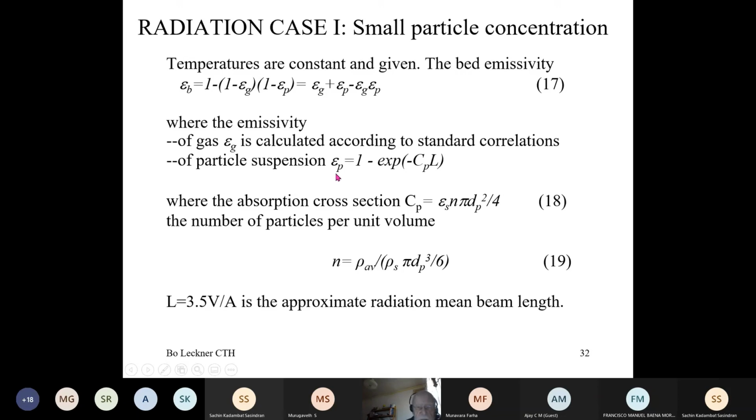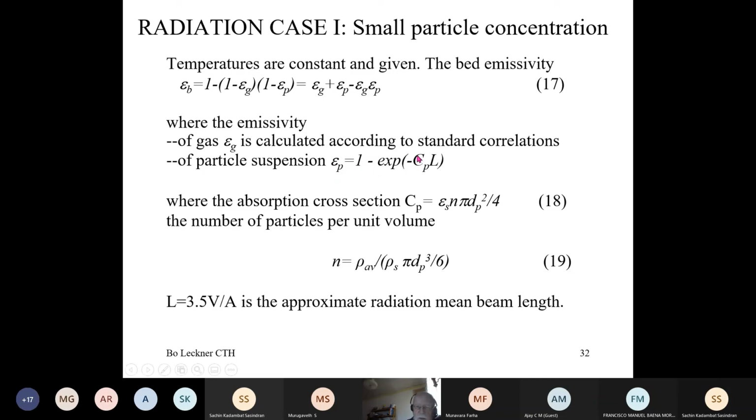And also the particle emissivity depends on the Beer-Lambert law of exponential decay in a gas or a particle suspension, which says that the particle cross section times the path length gives you a decay, or an absorption, which results in the emission of the particle suspension. Particle emission of the particle suspension is actually equal to the absorption of the particle suspension.